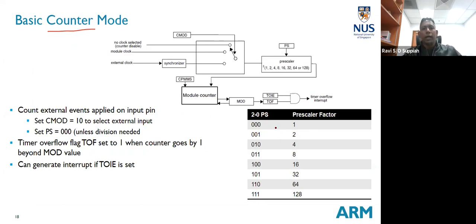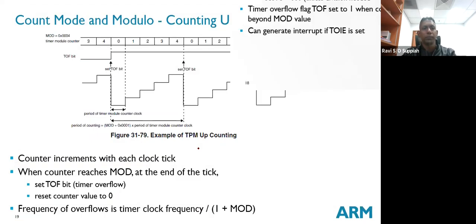You need to configure these prescale bits according to what frequency you want to count the clock in. In counter mode, generally we set prescale to 0 because you are basically counting events. As and when the event occurs, you increment the counter module.